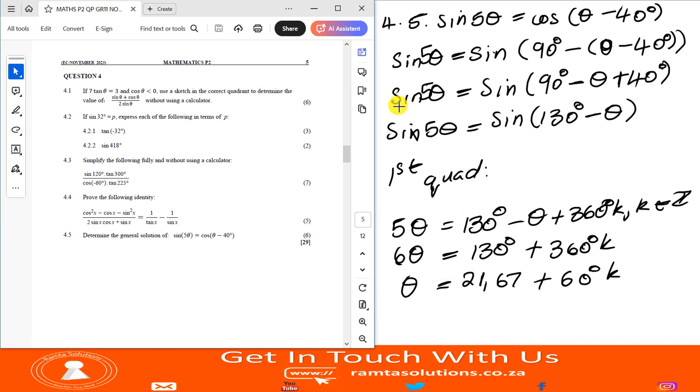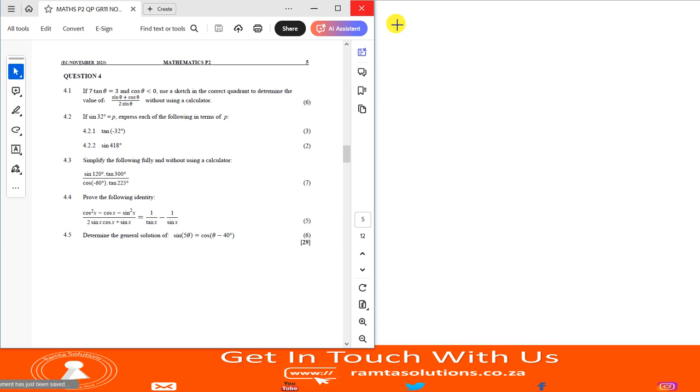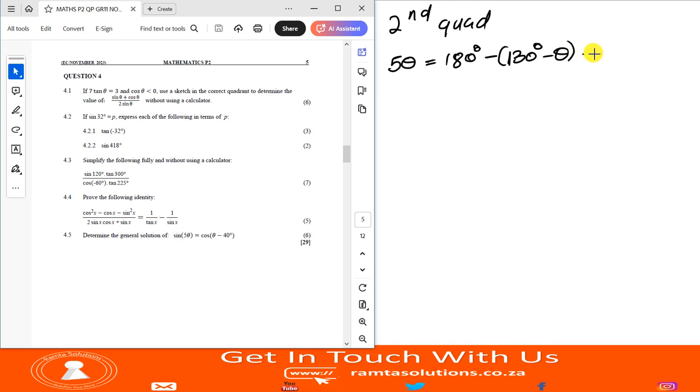Now, sine is also positive in the second quadrant. So we go into the second quadrant. In the second quadrant, we know the reduction formula. We work with 180 minus. So it will be 180 minus that reference angle of ours, plus 360 degrees k, where k is an element of an integer.